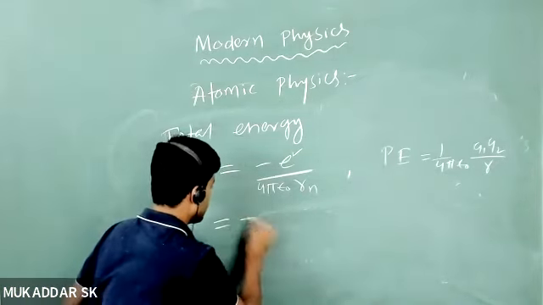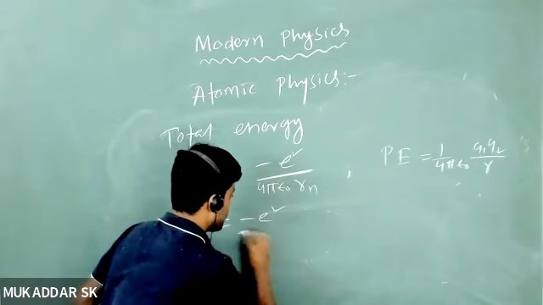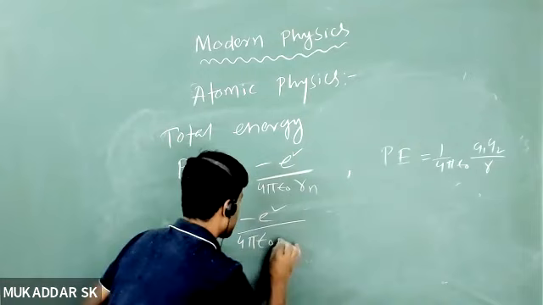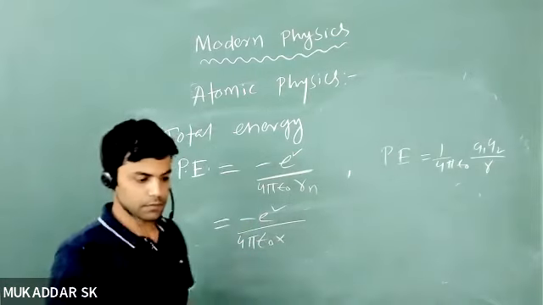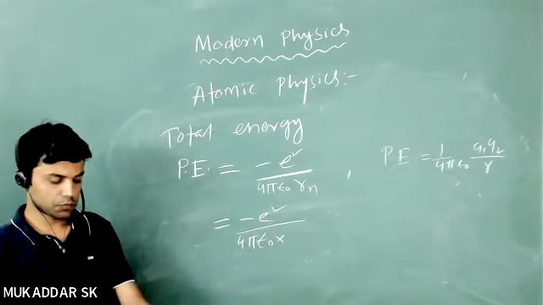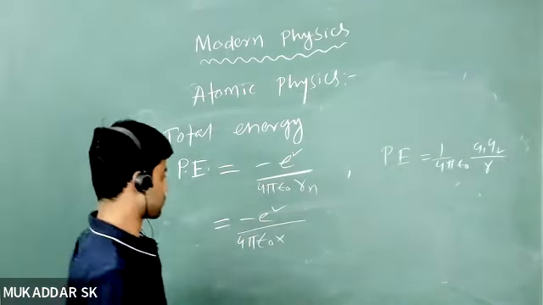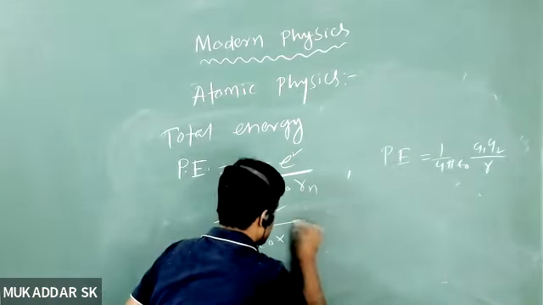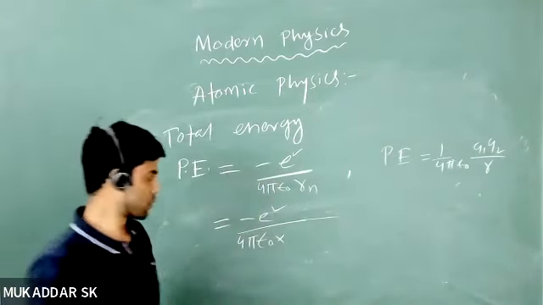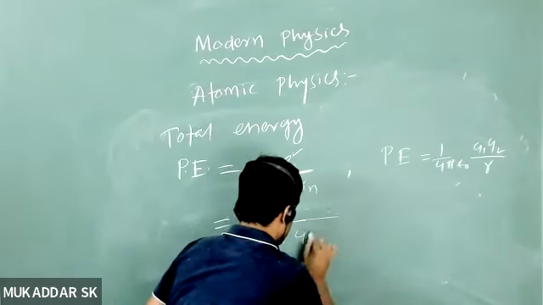If we substitute it, e square divided by 4 pi epsilon naught, and Rn was how much? Rn was, yes, 4 pi epsilon naught n square h cut square by m e square. Very good.